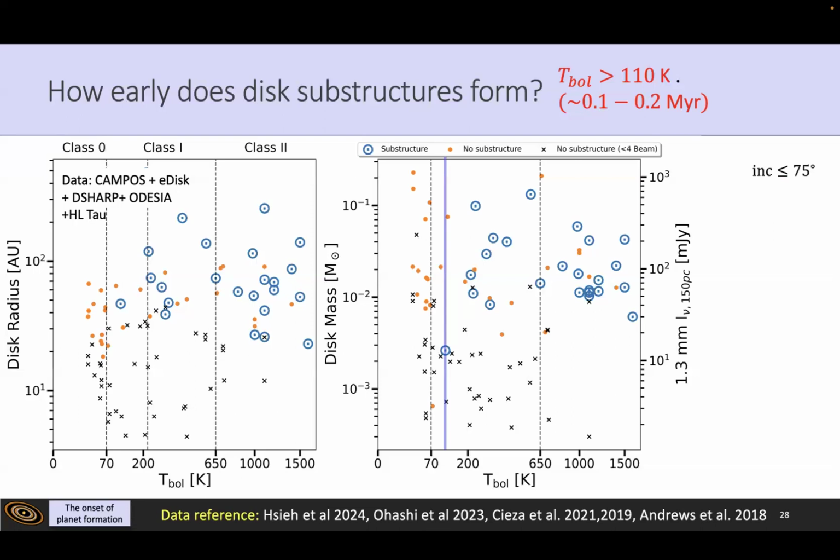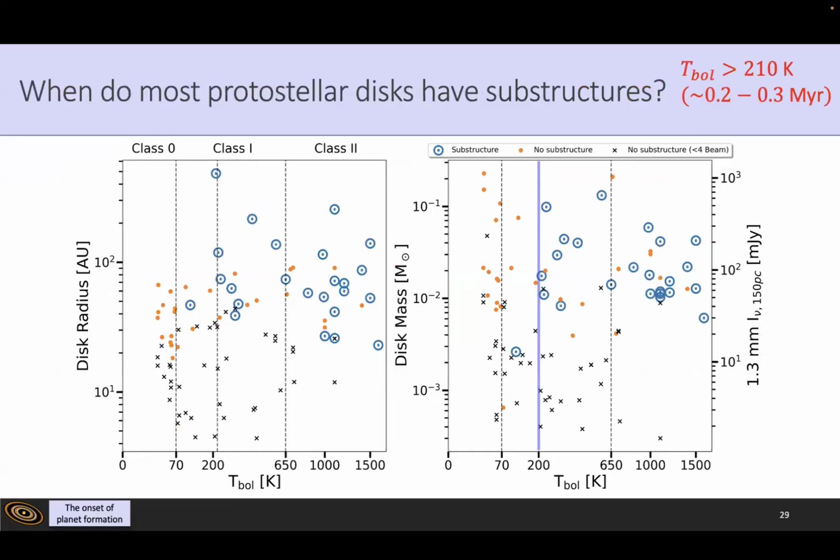Another important question that we can ask is, when do most protostellar disks have substructures? If we look at the data, you can see around 200 Kelvin, 210 Kelvin, that's the time when you start to see a lot of these substructures pop up. This translates to a time around 0.2 to 0.3 million years.